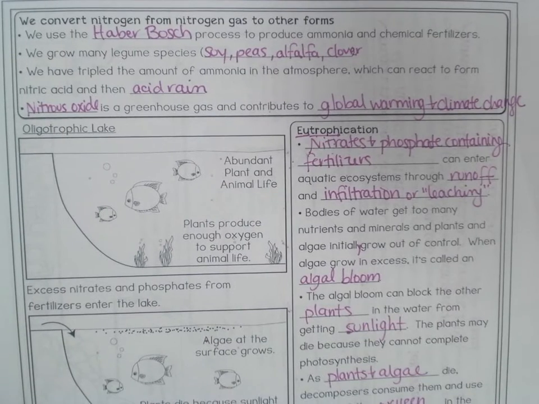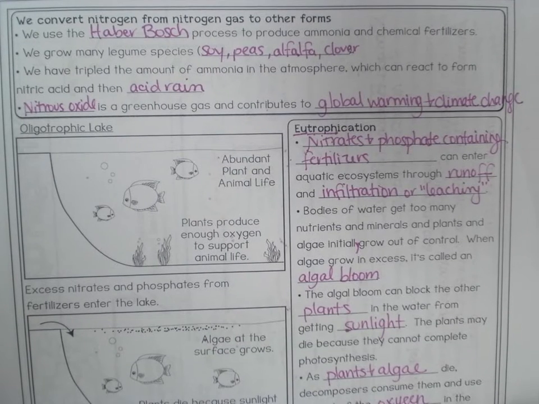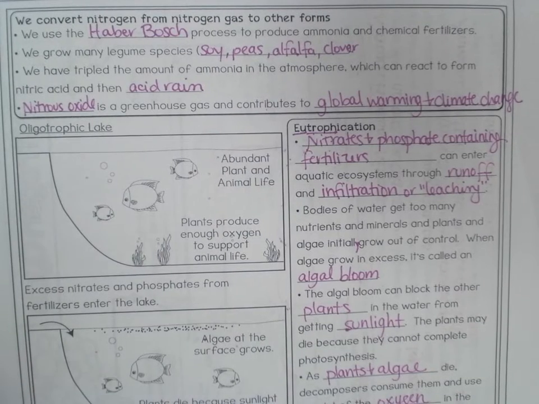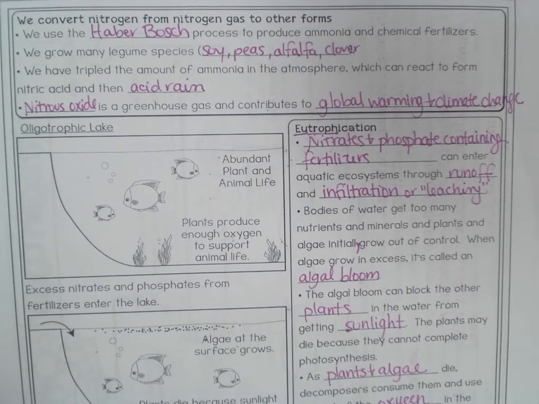Many aquatic animals no longer have enough oxygen and suffocate to death. The body of water can no longer support life and the ecosystem dies. Some algal blooms produce harmful toxins that kill other plants and animals as well, and even people.